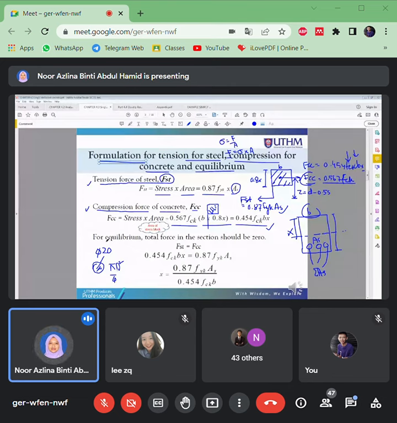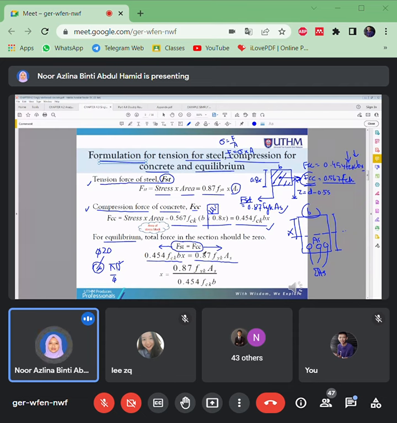Then we have another one. If you make the forces FCC and FST in equilibrium, FST has its force direction to the left side, and FCC the arrow directs to the right side. So this makes all the forces in equilibrium. When all the forces are in equilibrium, there are just two forces, FCC and FST. So just list out the equation for each of them, for FST and also for FCC.